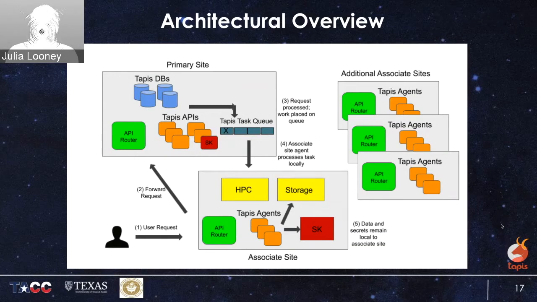So in version 2, we had to move the data to wherever the computation is. In version 3, we can move the data or we can move the computation. The other thing that's new here is that the security kernel can be housed at the associate site so that secrets and authorization as well as authentication is all done at the associate sites, which is a requirement for some of our users. They have institutional policies that say passwords and security keys cannot move off the site.